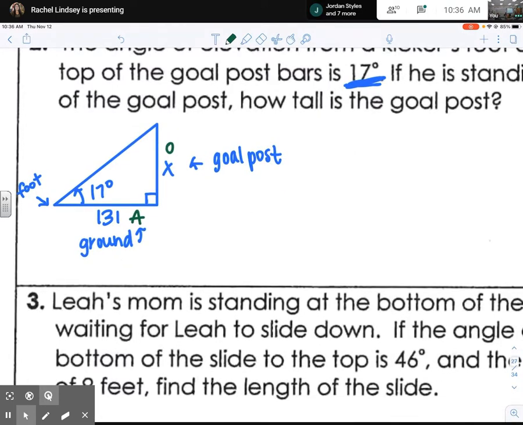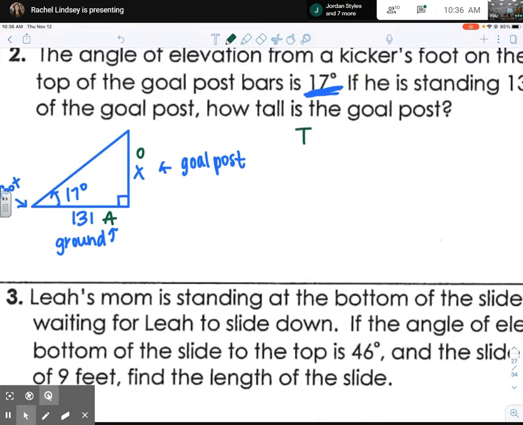So since I have opposite and adjacent, gotta use tangent. So tangent of angle 17 equals the opposite, which is x, over the adjacent, which is 131.